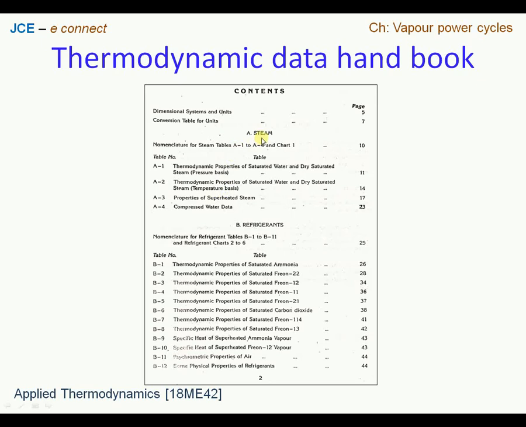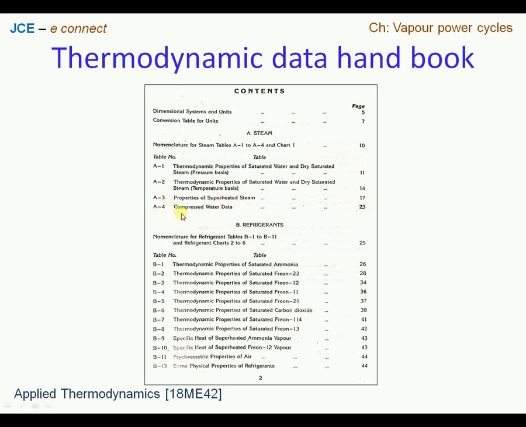So we see that, taking steam as the working fluid, we have the saturated liquid data based upon the pressure entry method, and saturated water data based upon temperature basis. For superheated, if the given state is lying in the superheated region, one has to refer to the superheated tables.